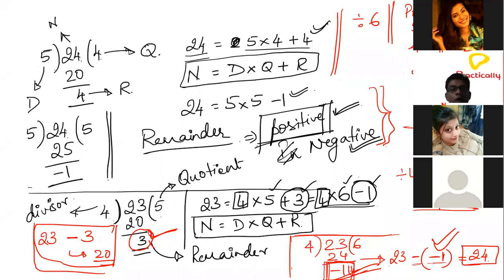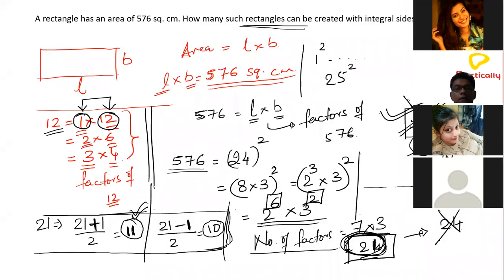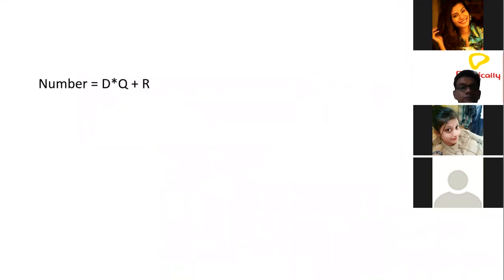Now let's understand why we are getting it. We have to understand that a number can always be written as divisor into quotient plus the remainder. So I can always write it in this format. Now, let me start throwing a question.